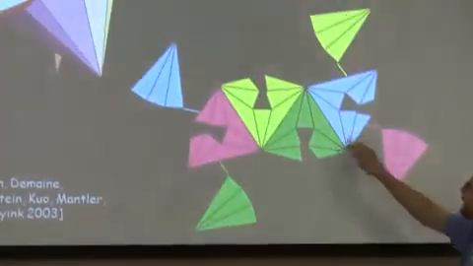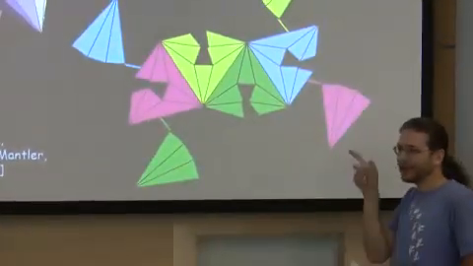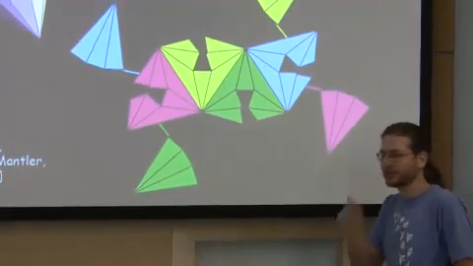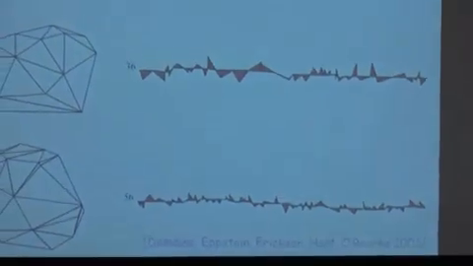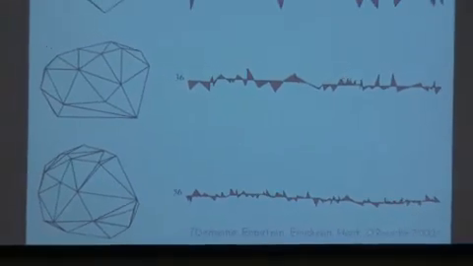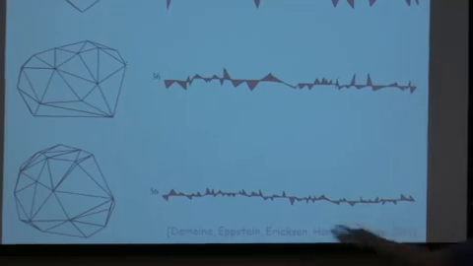One more picture I wanted to show you is, here we really want to keep the shape connected. You have to have a positive area connection between everything. If you let that connection go down to a single point, sort of cheating, this is called vertex unfolding, and then it's possible for any surface made out of triangles. So it could be non-convex, anything. These happen to be convex polyhedra.